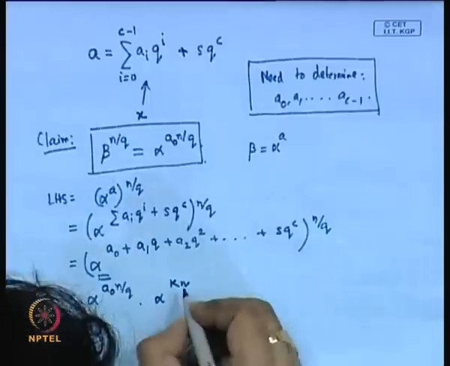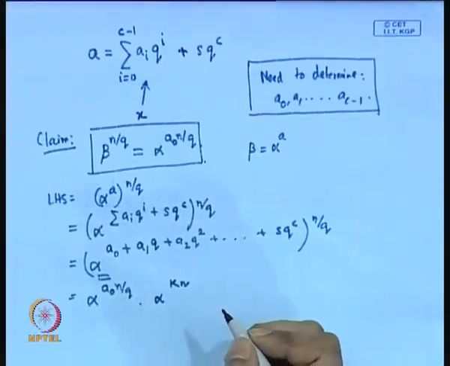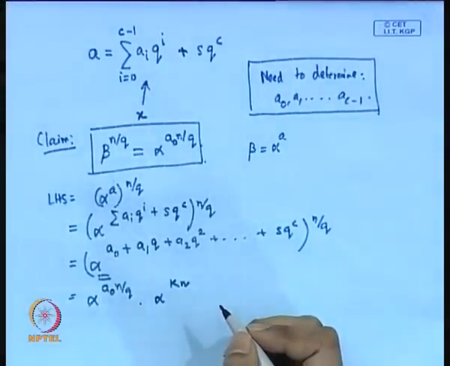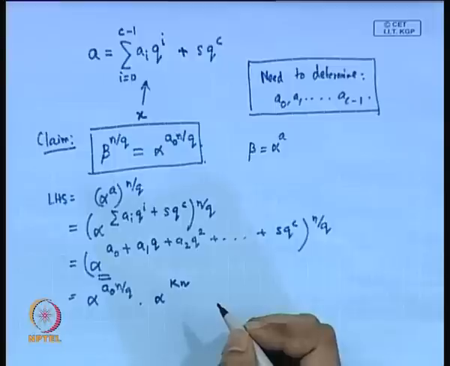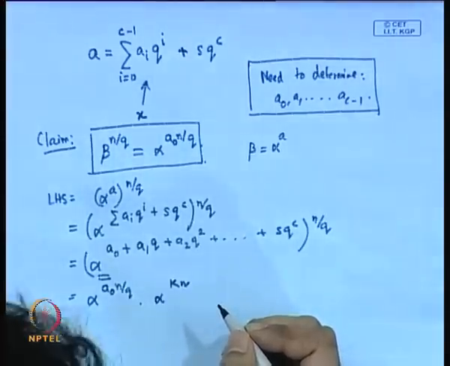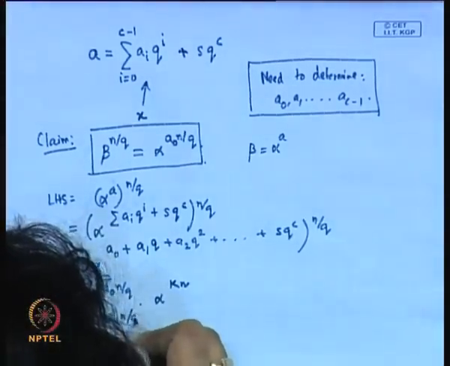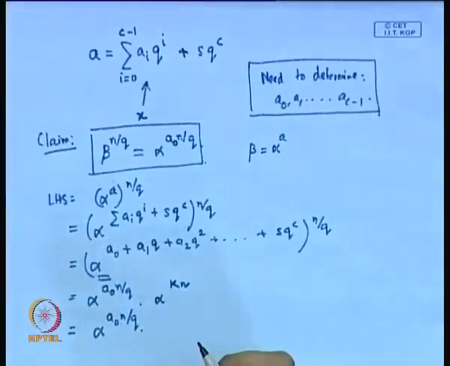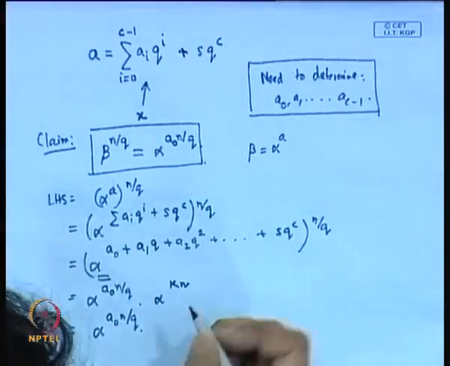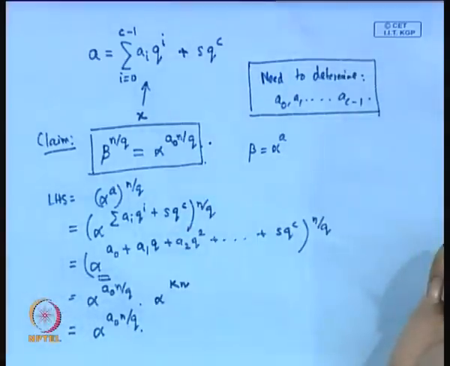And you remember that n was the order of alpha, which means that alpha power of n is equal to 1. So that means this is equal to alpha to the power of a0 n by q, right. So that actually satisfies this result.